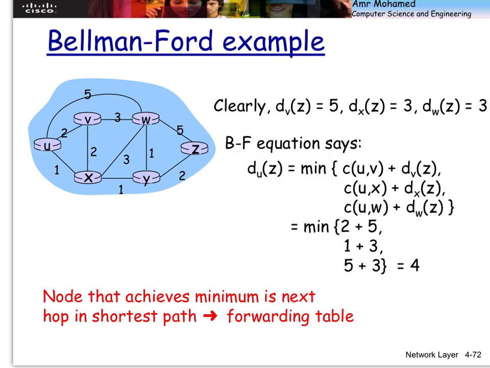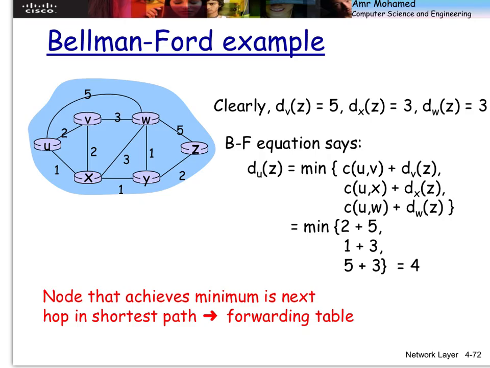So node U applies the Bellman-Ford equation and says, okay, if I need to reach node Z... Anything that's not clear? If node U wants to reach node Z, then it knows that it needs to reach node Z through one of the directly connected links. I know physically the cost for these links at any point of time. I always know that in real time, okay?